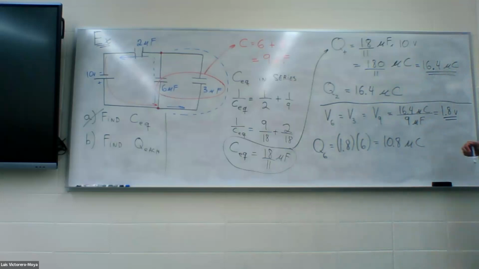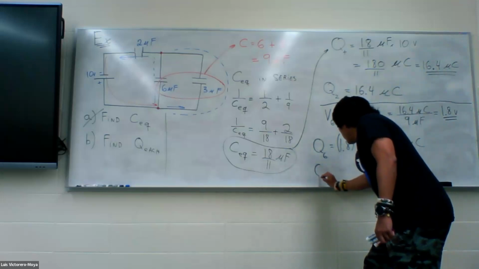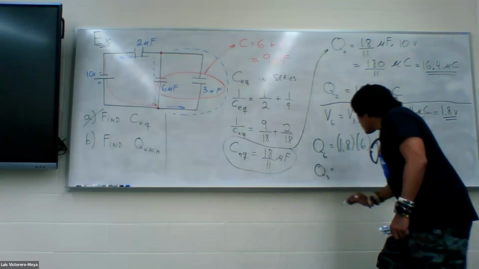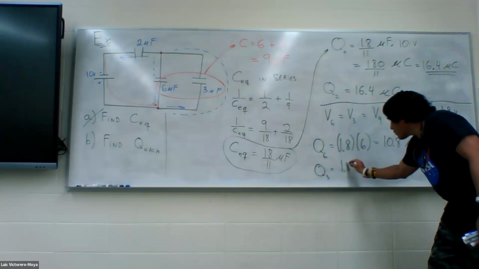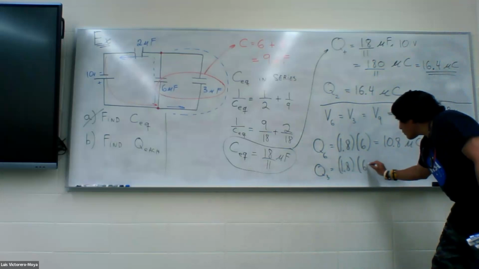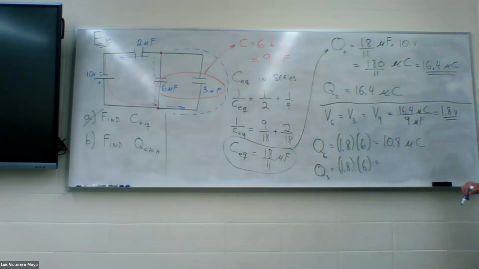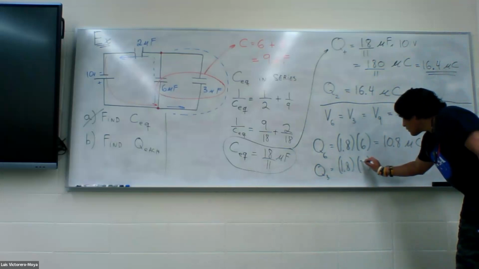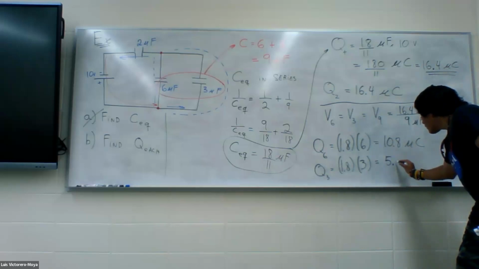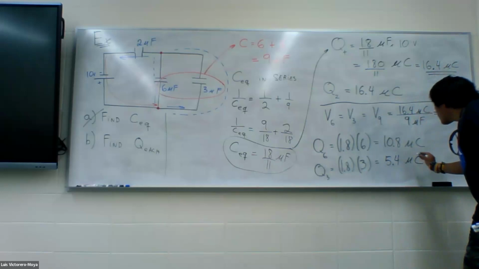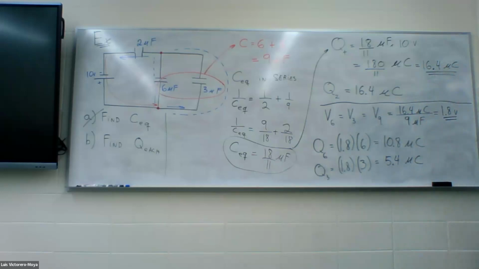You can find the charge on 3 by using the same approach, the voltage on 3 is that. 1.8 times 3 is 5.4 microcoulombs. Wait, Professor, that doesn't add up to 16.4.